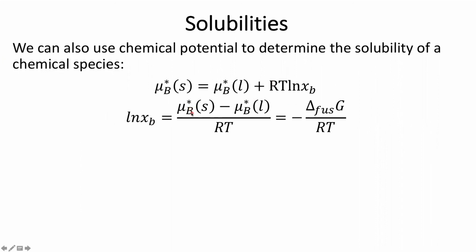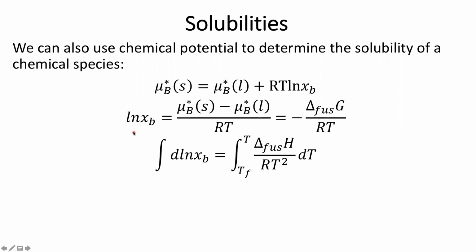Now, when we do this, you may notice that we're going to have the solid minus the liquid. So this is going to be the same thing as a freezing reaction, which again can be represented by the negative of the free energy of fusion, and then again divided by RT. Then what I can do is essentially try and integrate both sides.